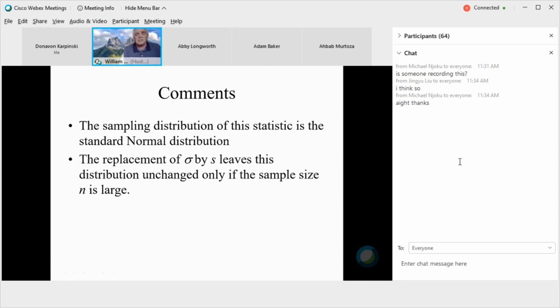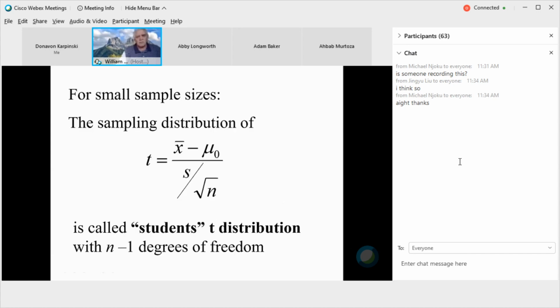Replacing sigma by S leaves the distribution unchanged, but only if the sample size is large. Student found that it has a slightly different distribution when n is small.